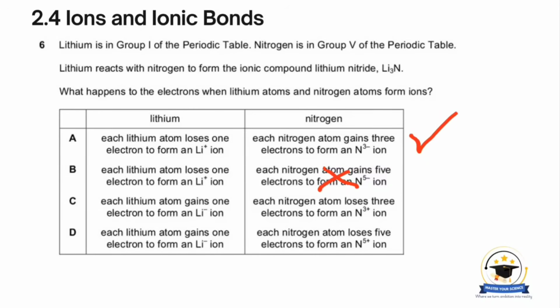Lithium is a metal, it would prefer to lose rather than to gain electrons, so this is incorrect. Then D says each lithium atom gains 1 electron to form a Li- ion, so this also makes it incorrect before we have looked at the other part of the answer. So our answer here would be A.